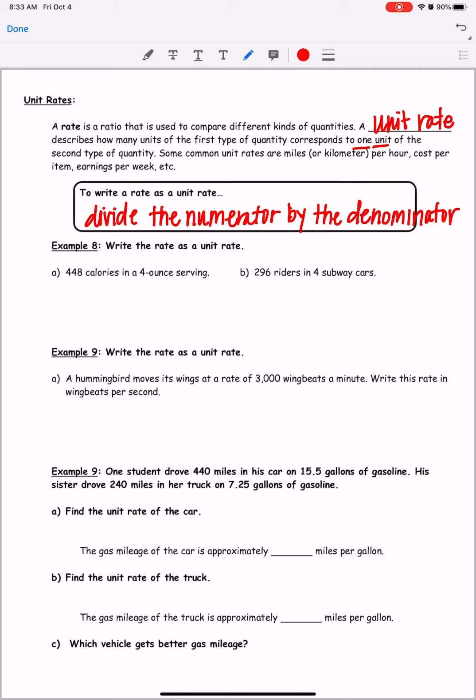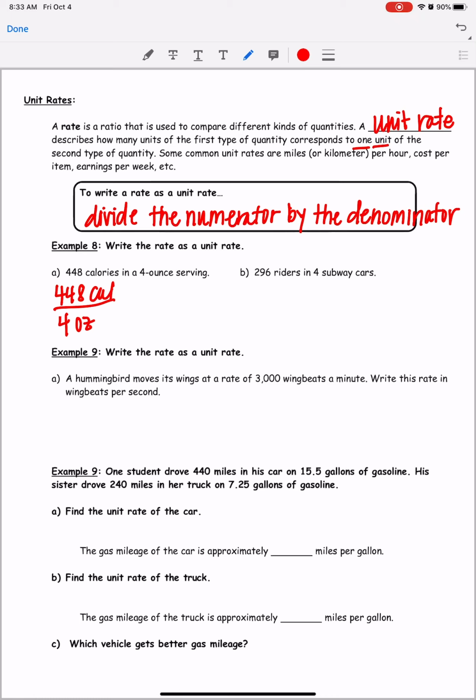Okay, so for example here, write the rate as a unit rate. So we have 448 calories in a 4-ounce serving. Just keep this in order. We have 448. Let's go ahead and put those units on here. Calories in a 4-ounce serving.